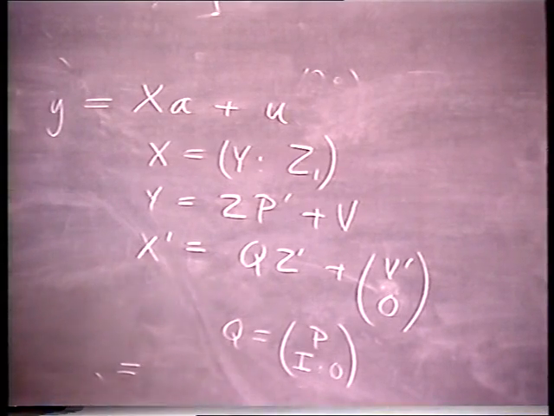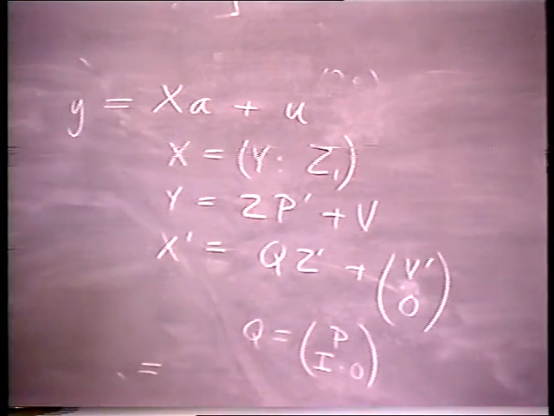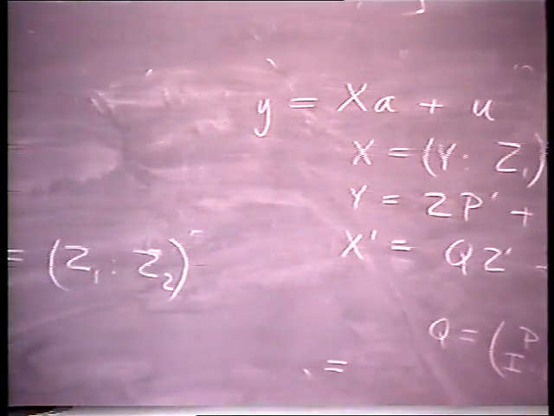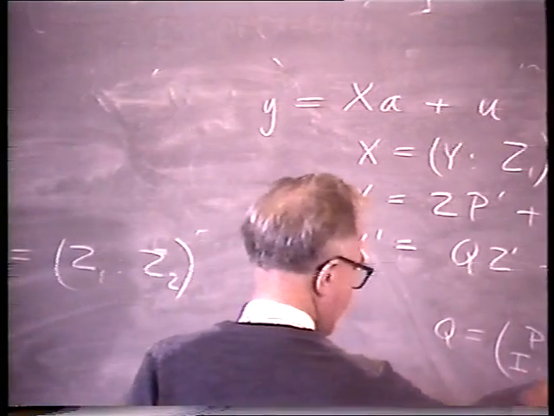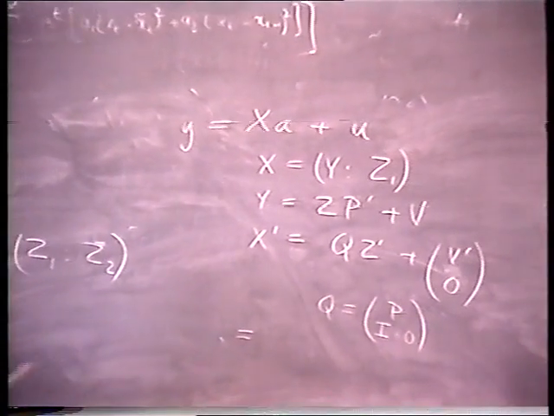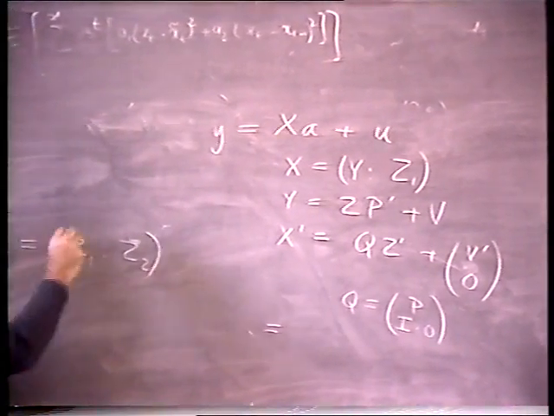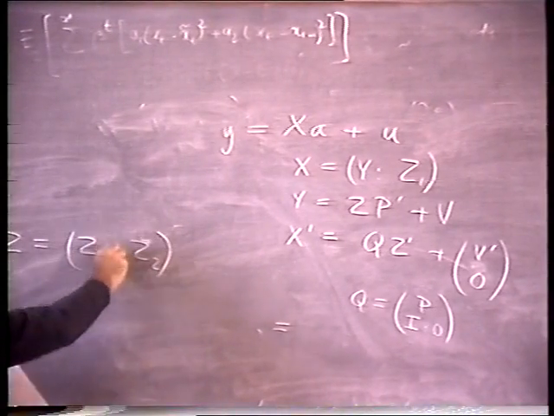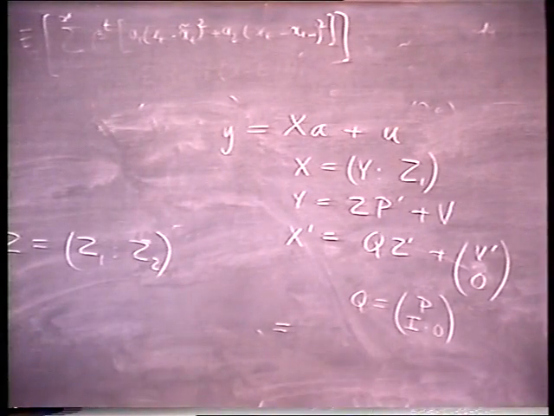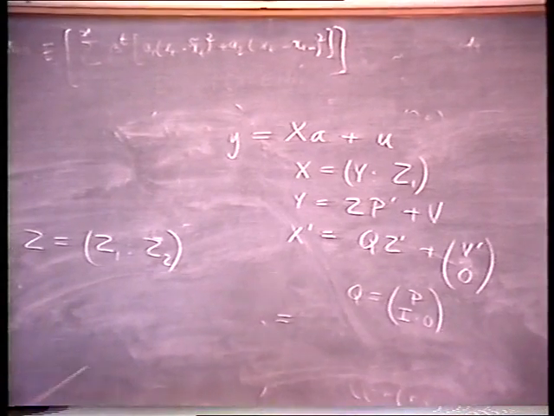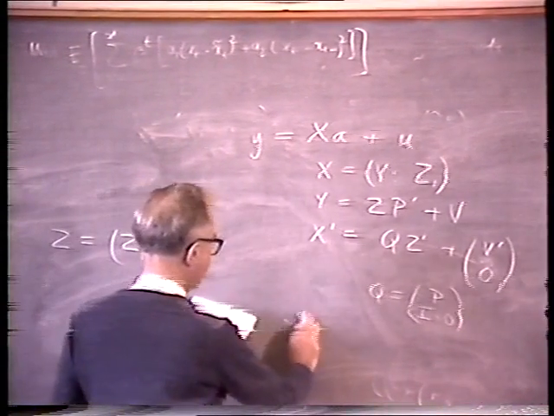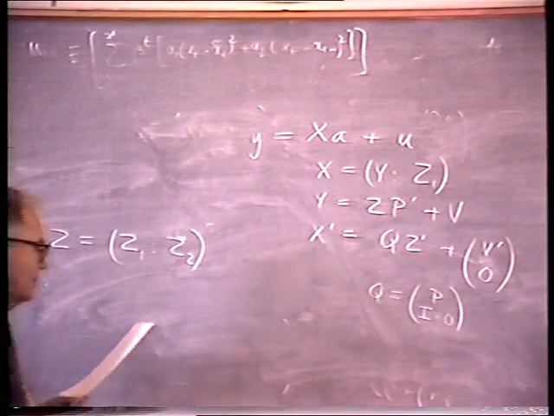In other words, I'm assuming that z is z1, z2, and then the partition here into I, 0 is the same as the partition here into Z1, Z2. That all simplifies my later notation a little.